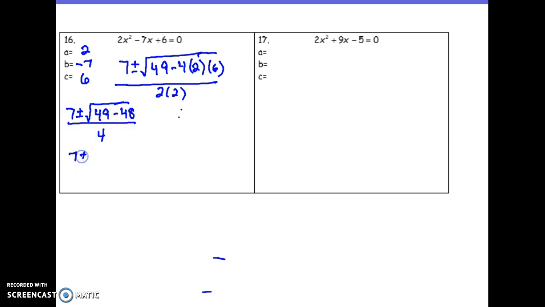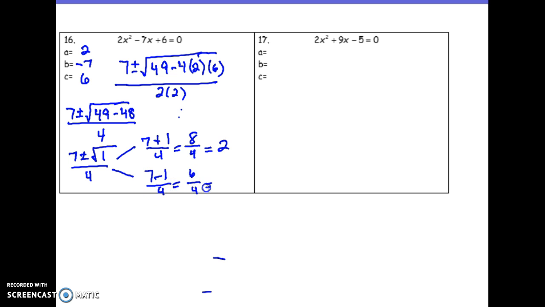So this is going to become 7 plus or minus the square root of 1, divided by 4. Now the square root of 1 is 1, so 7 plus 1 divided by 4 is 8/4, which gives me 2, or 7 minus 1 divided by 4, which gives me 6/4, which is 3/2. So the solution here would be 3/2 and 2.